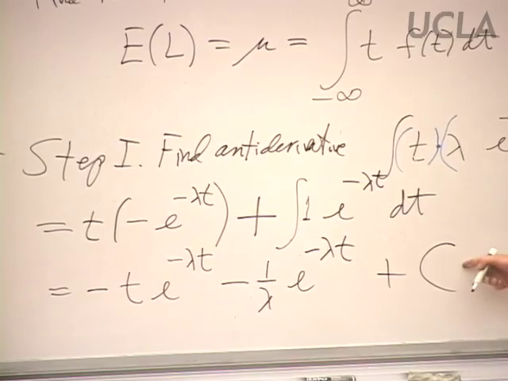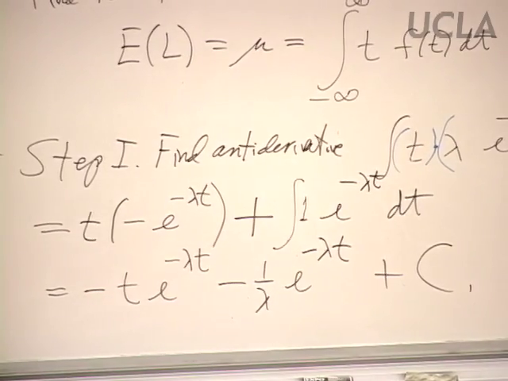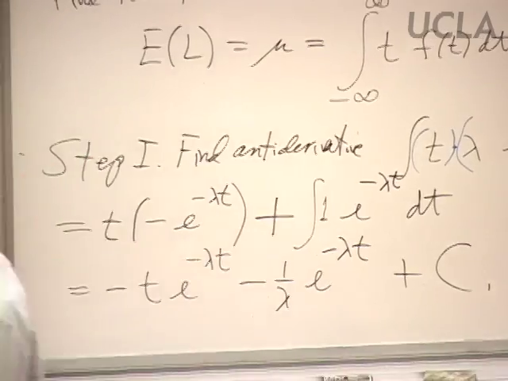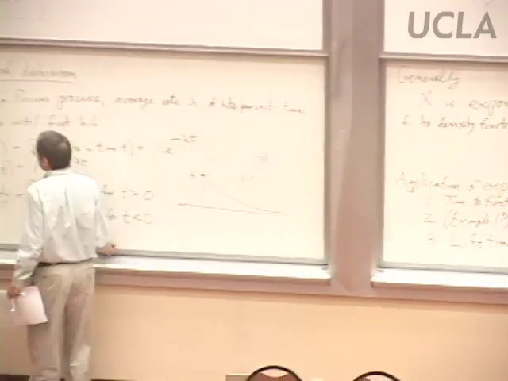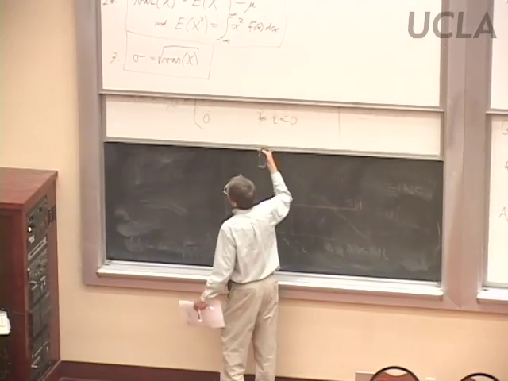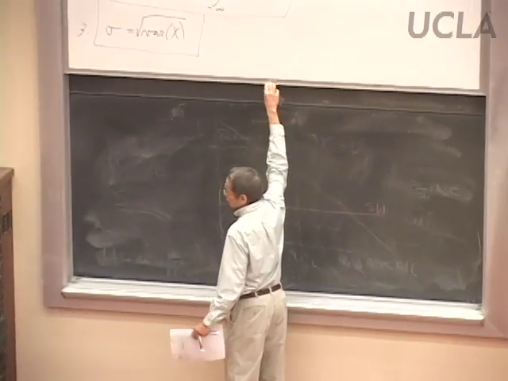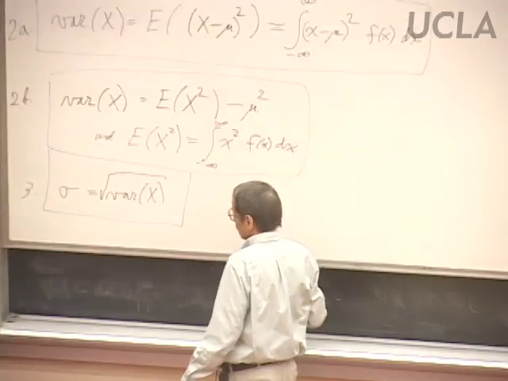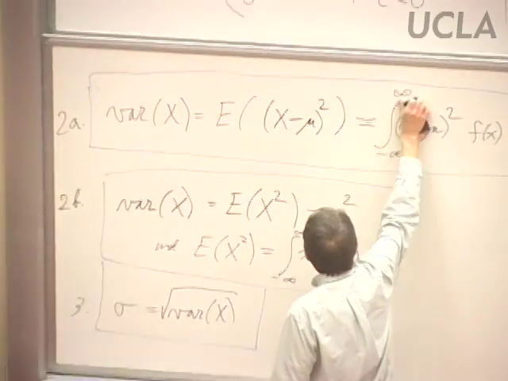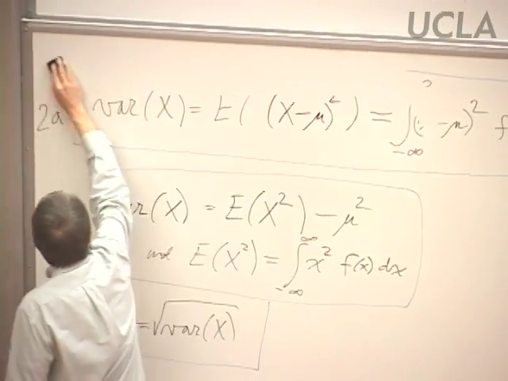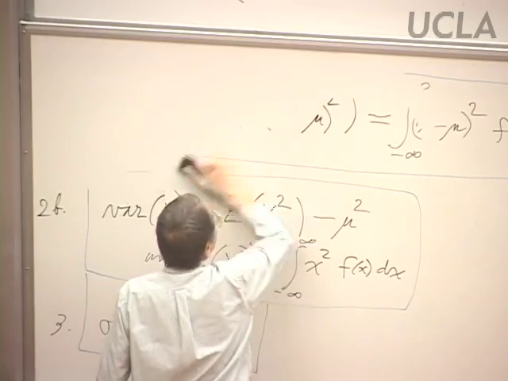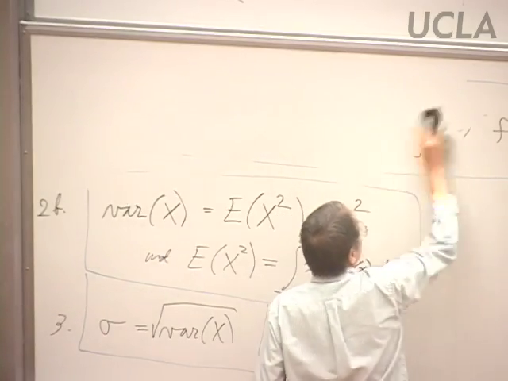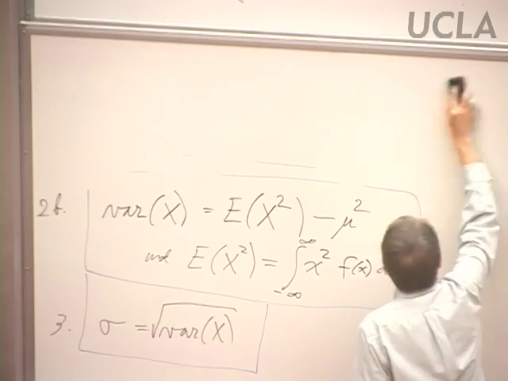So here's our antiderivative. That's the end of step 1. On to step 2, we'll integrate it. We'd like to integrate it from 0 to infinity, but first we'll just integrate it from 0 up to some number, say b, and then in step 3 we'll take the limit as b goes off to infinity.